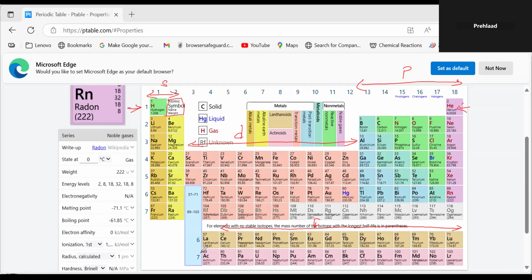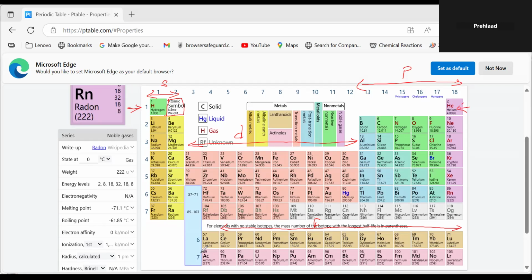Group 3 to 12, d orbitals. The bottom group, the lanthanides and the actinides, those are f orbitals. So the element after lanthanide and the element after actinide. Remember that. Don't consider lanthanide as f.